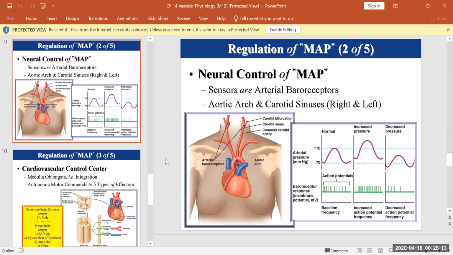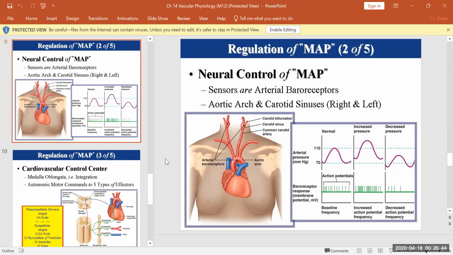Within our vascular bed, there are locations where we have receptors that are exquisitely, beautifully sensitive to fluctuations in the pressure of our blood. So they're very, very sensitive to blood pressure fluctuations.